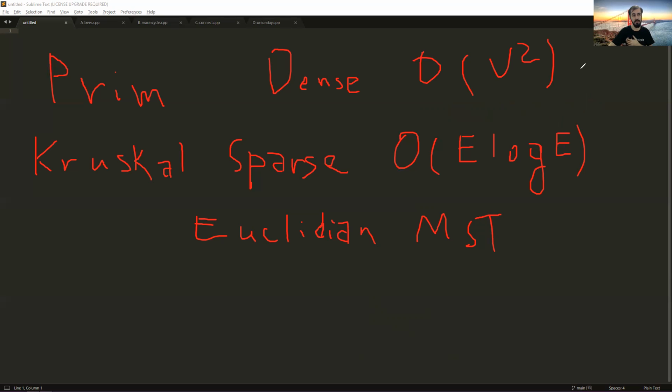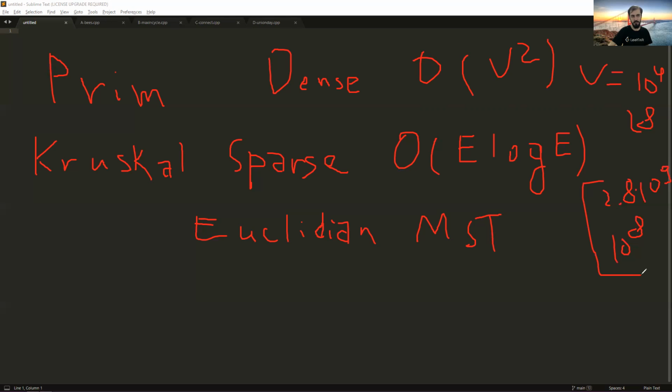However, in practice, if number of vertices is approximately 10 to the 4th, right? Log is what? Log is 14, I believe, and you also have this constant of 2, then it makes log 28, and you get like 2.8 times 10 to the 9th operations if you use Kruskal instead of 10 to the 8th, which Prim's algorithm gives.